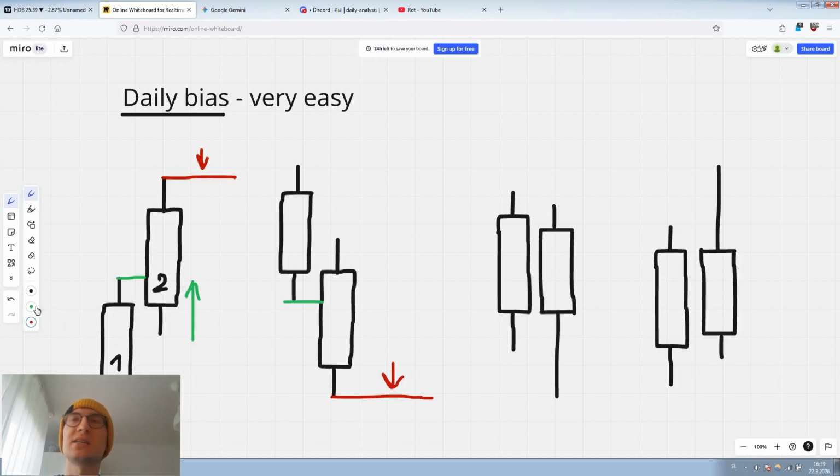Now you are probably asking yourself, what happens if we only sweep the low? For example, in this case we have candle number 1, we have the second candle, and then the second candle sweeps the first candle's low and then body closes above that particular low. So what happened here? Basically, we had a lot of bearish orders, shorts.